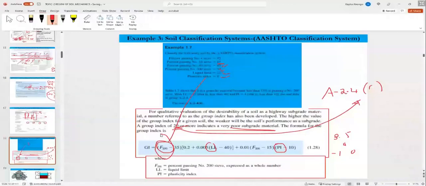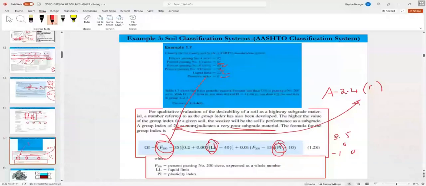Now, if you want to reduce the liquid limit or plastic index, you need to add lime. That's lime stabilization: you're reducing the liquid limit and plastic index of the soil. So you need to have a group index that is as low as possible.